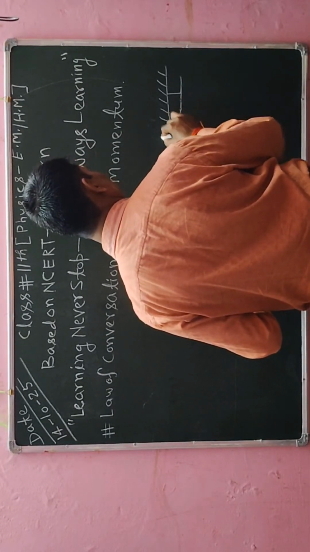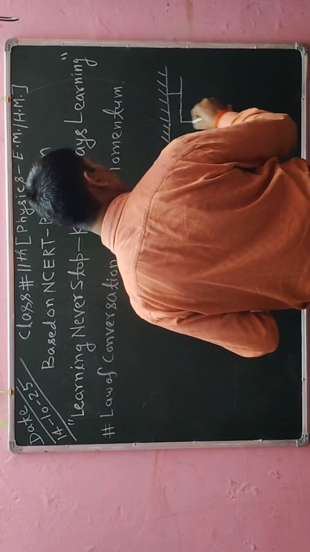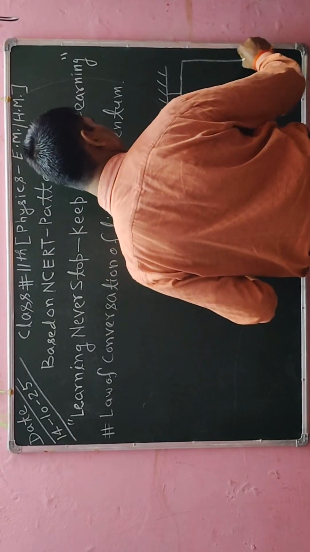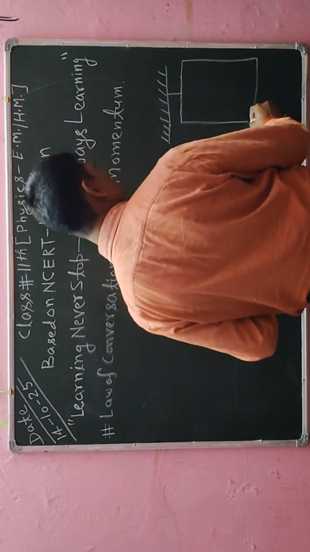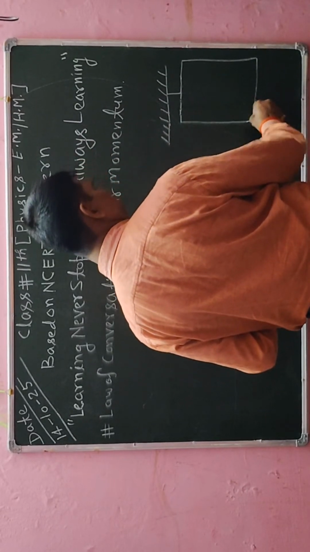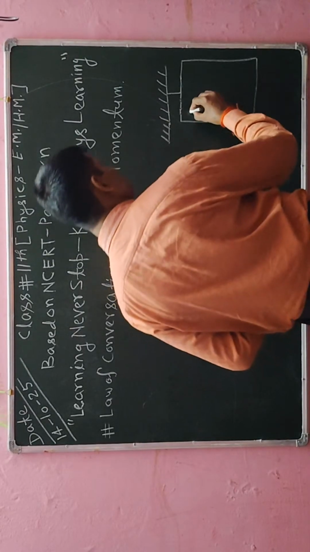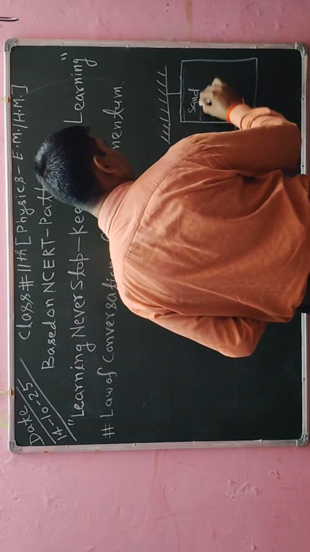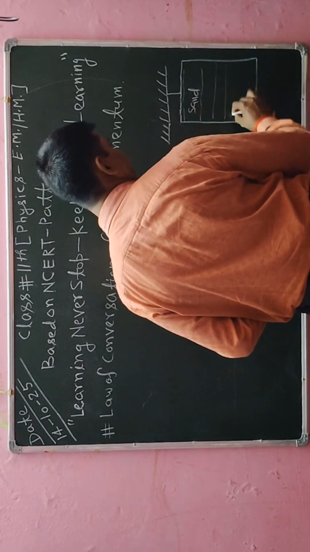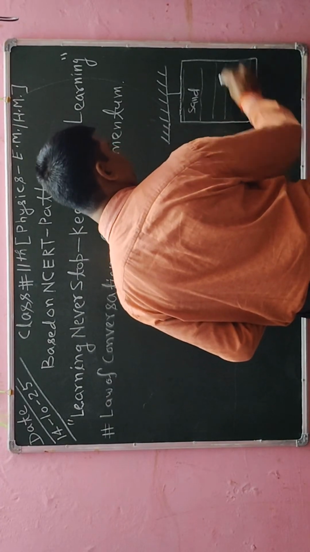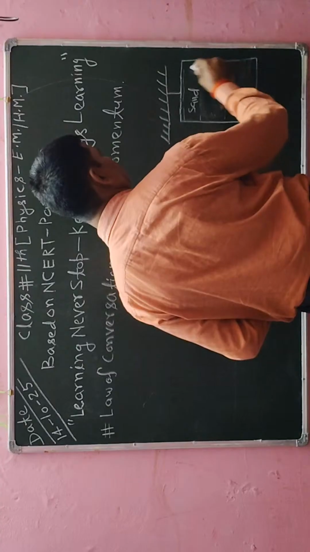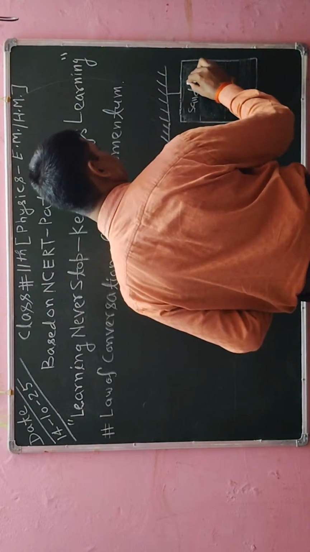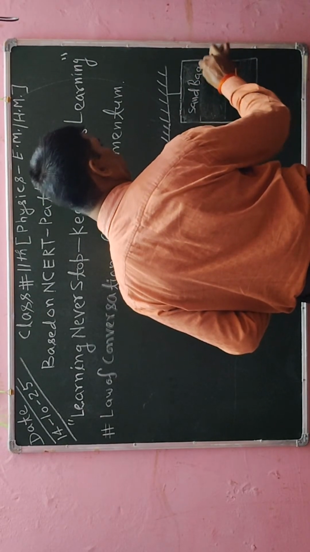Now we have to calculate the force which is exerted by this object on the bag of material, and that bag has sand. So I will say this is a bag which has sand inside it. This is a sand bag.